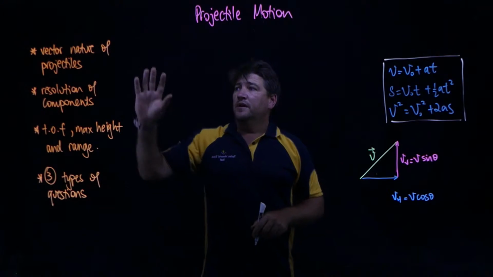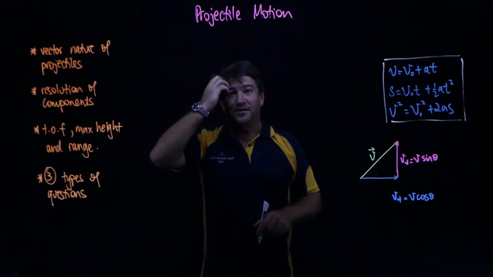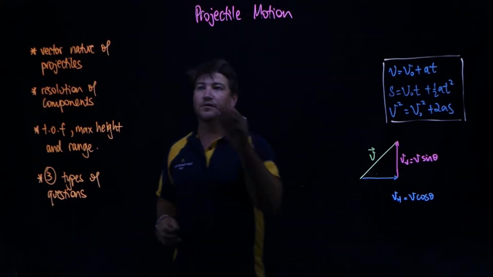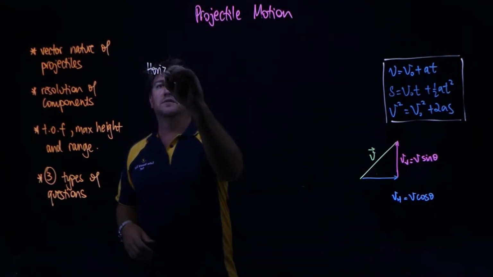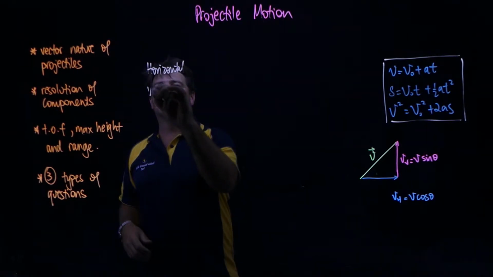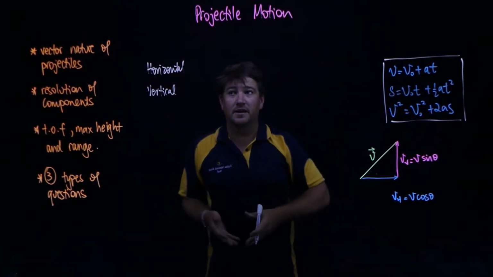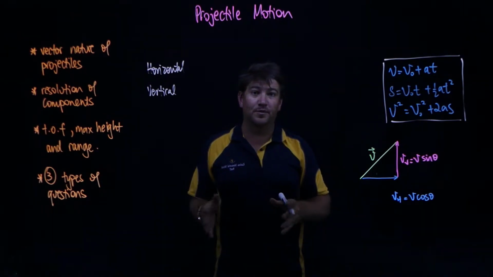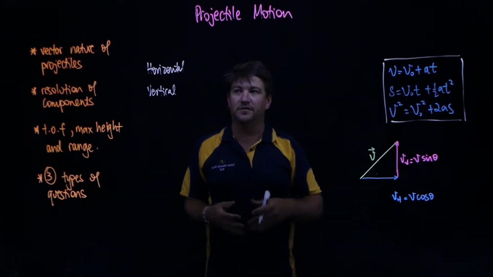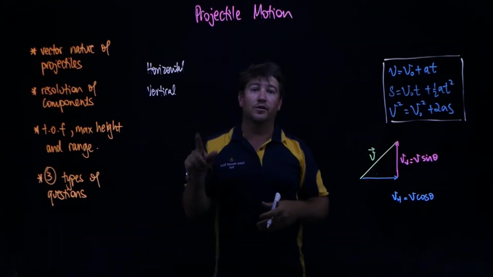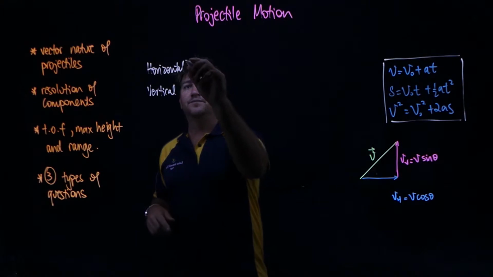Alright, so the vector nature of projectiles is really important to understand because we have a horizontal component and a vertical component. These two components are mutually perpendicular, so they're always perpendicular to each other, but they do not influence each other at all.